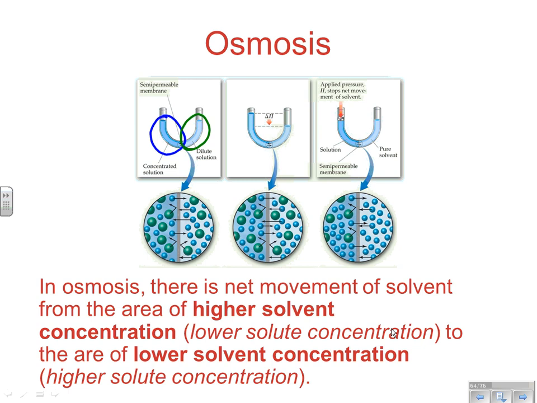If this is a dilute solution here, we're going to have a greater movement of our solvent in that direction. Osmotic pressure is the pressure we would have to apply here to basically stop that movement occurring. And that's why it's called osmotic pressure. It's a pressure we would apply to basically stop the movement of our solvent across a semi-permeable membrane.